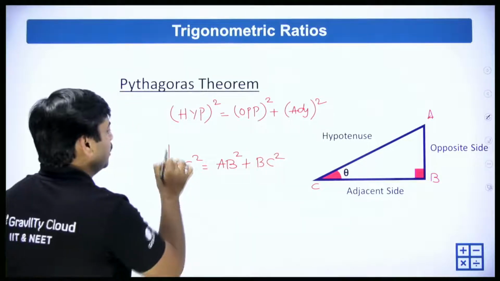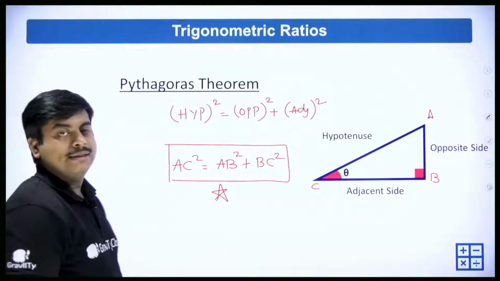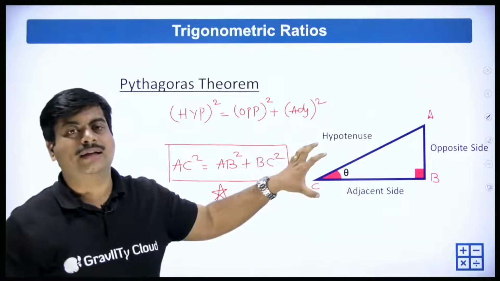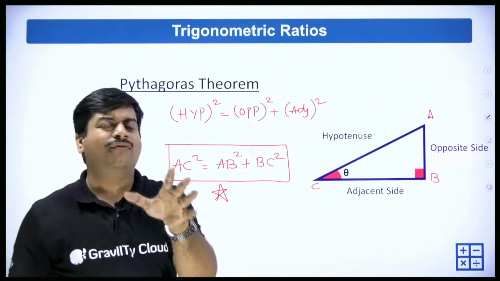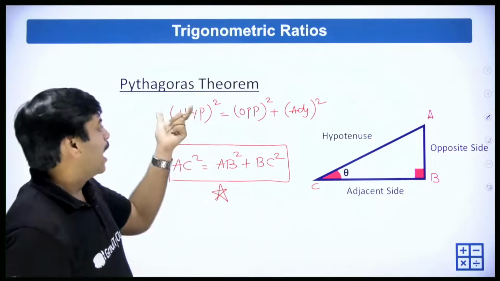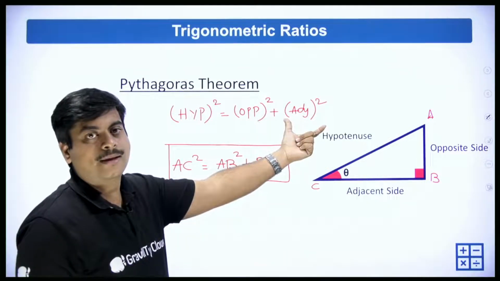Why this theorem is very important is, if you know any two sides of a right angle triangle, you can easily find the third side using this relation: hypotenuse square is equal to opposite square plus adjacent square.